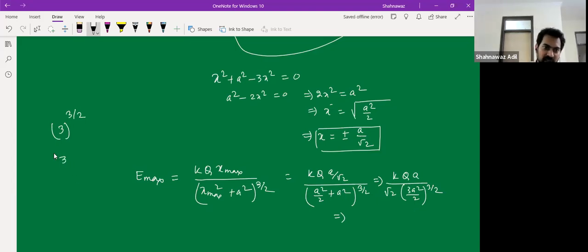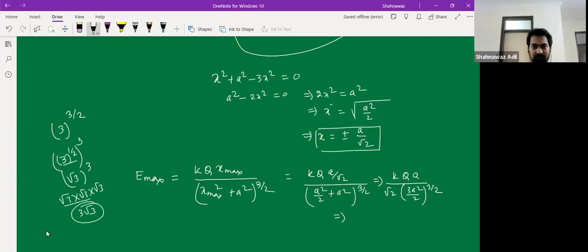So let us write this as 3 power 1 by 2 whole cubed. So this is root 3 cube, which means root 3 into root 3 into root 3. So this is 3 root 3. Clear, guys? Yes, sir. Similarly for this too. So this goes in the denominator.